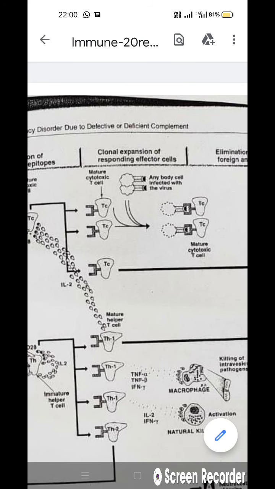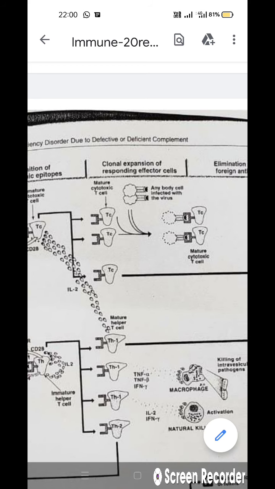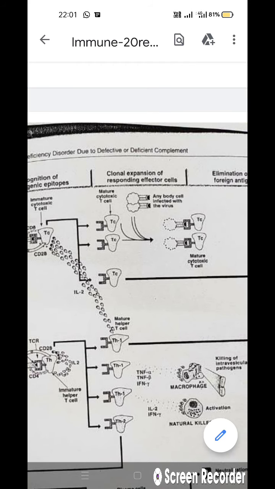They produce pores in the virus infected cells, and they enter an enzyme called granzyme. With the help of granzymes, these virus infected cells start to undergo apoptosis, means the apoptosis of the virus infected cell starts.